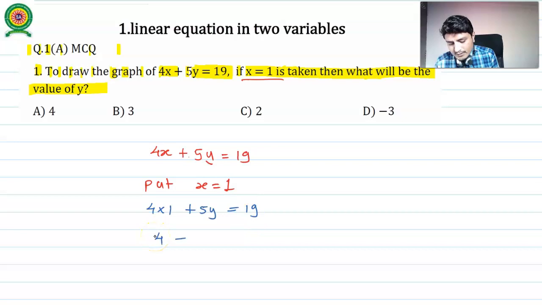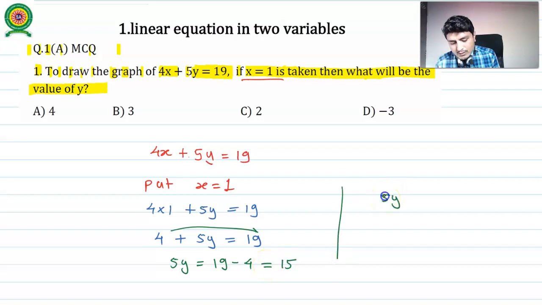Now 4 ones are 4 plus 5y equals 19. Once we shift 4 from LHS to RHS, we are getting 5y to be equals to 19 minus 4, which is 15, so now we have 5y equals 15.